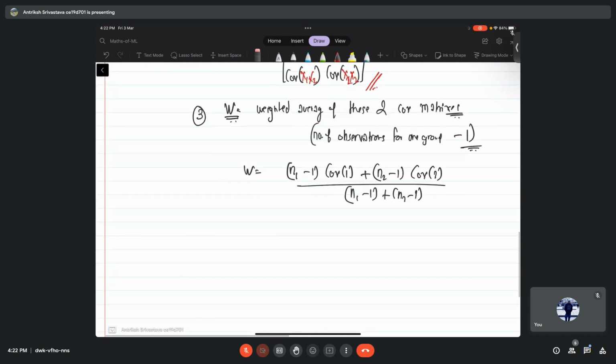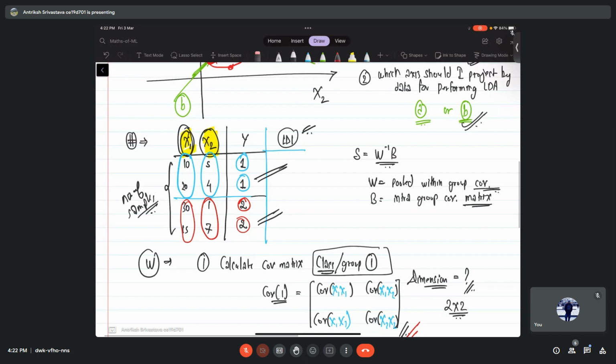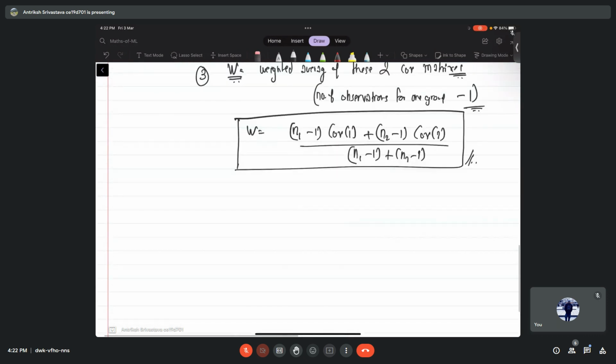So this is going to be our W. That is the pooled within-group covariance. And we have to calculate the inverse of this also, which we can do easily using any operator, or if you want to do it using Gauss Seidel, then that also is good.